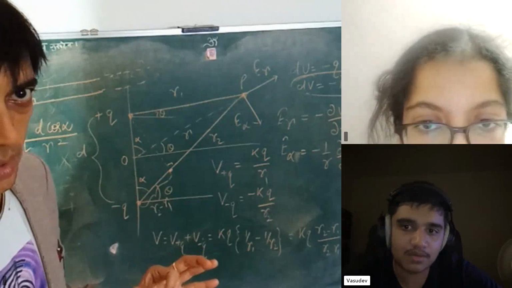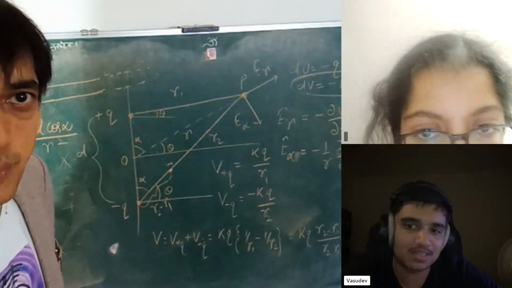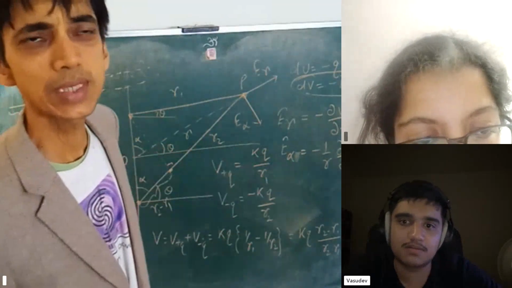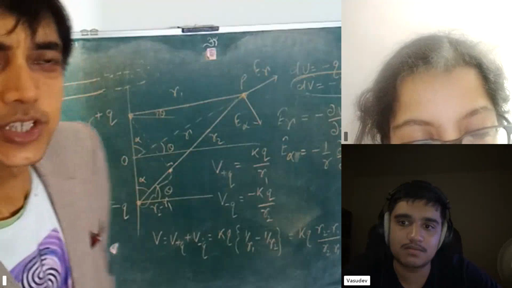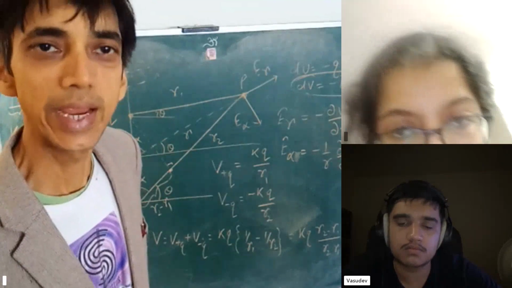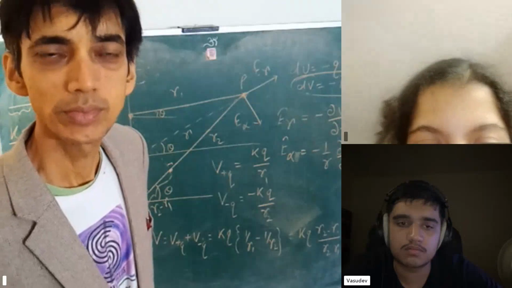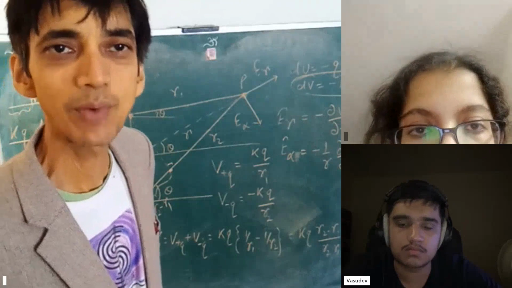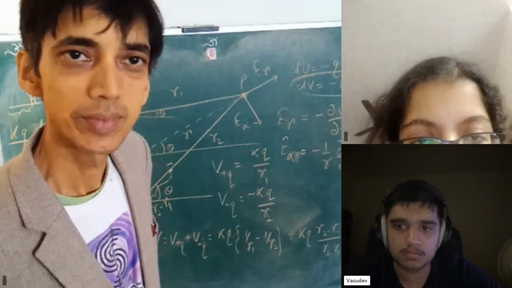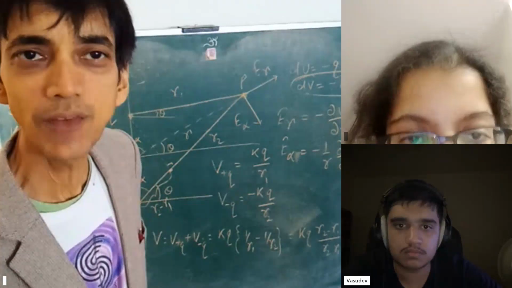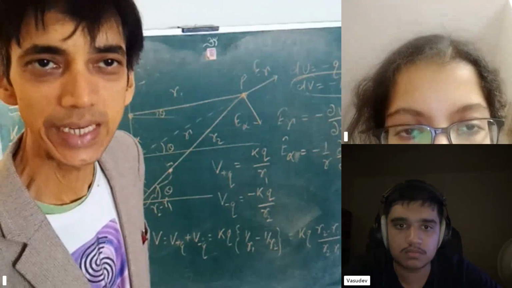So could you explain how you got the expression for E alpha again? Which one? This one? Yeah. This is because when you differentiate, you have to differentiate by length. If you want to write the field equation, if I'm to write dV, I'll have to write E dot dr. D alpha doesn't get you a dimension in length.